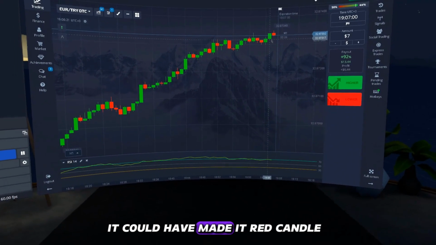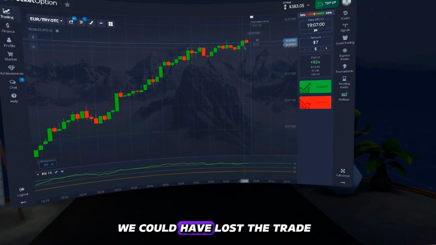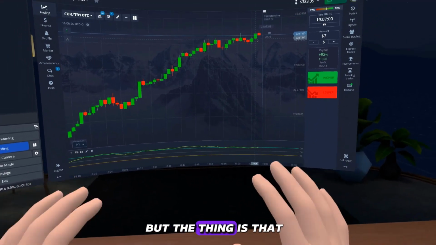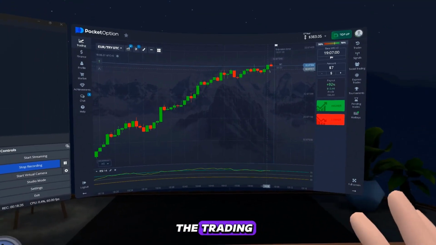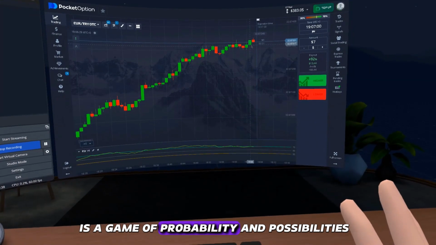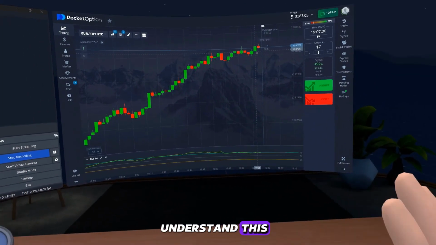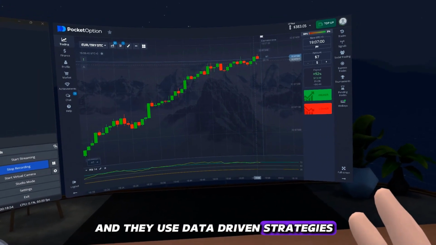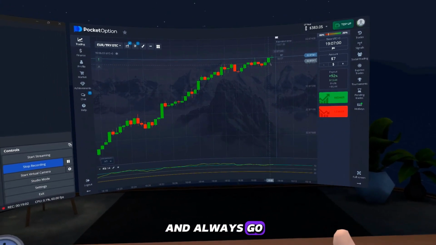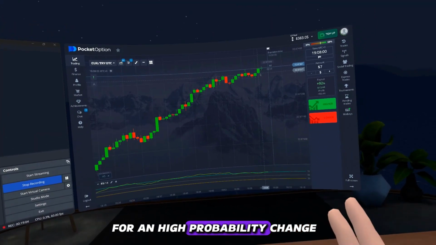Yes, it could have made a red candle and we could have lost the trade. But the thing is that, as you guys know, trading is a game of probability and possibilities. The best traders in the market understand this, and they use data driven strategies and always go for high probability trades.